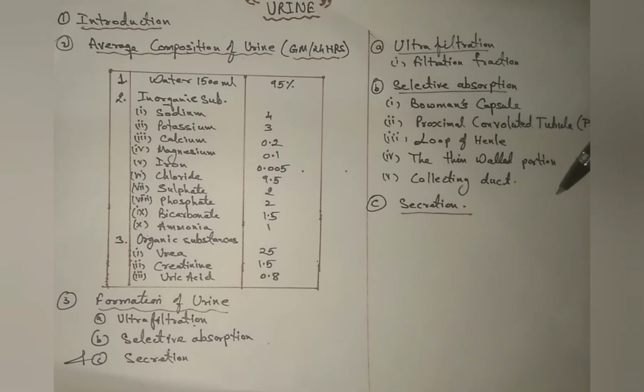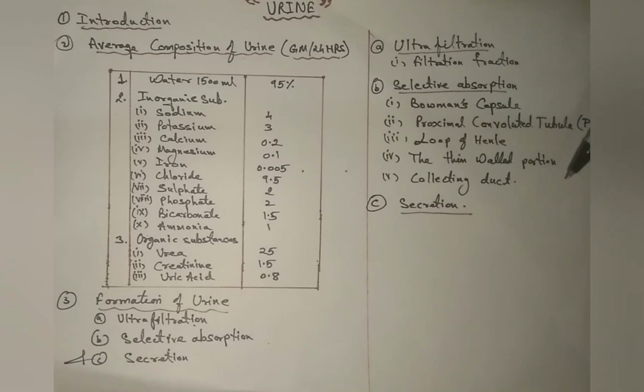This process adds urea, creatinine, hippuric acid, potassium and hydrogen ions, ammonia and a little uric acid. Removal of hydrogen ions and ammonia from the blood helps to maintain a proper acid base balance in the body.